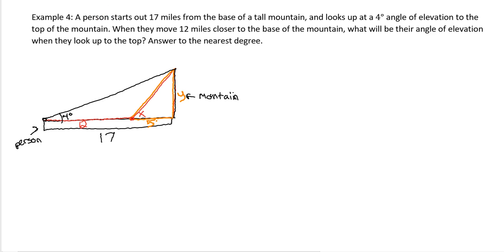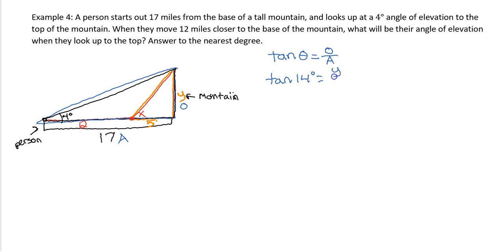I know that y is also the opposite side of my big triangle, and I have the adjacent side, and I have that angle. So again, using tangent, tangent of 14 degrees equals y over 17. Putting it over 1, y times 1 is y.